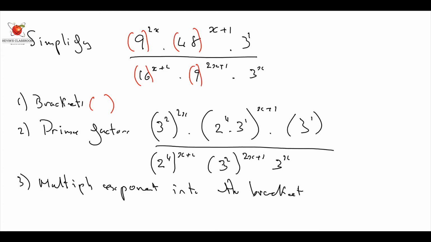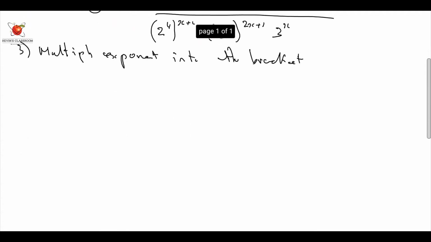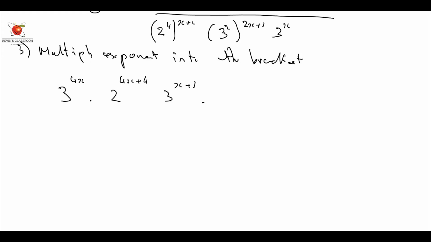I multiply the exponent into the bracket, which is then going to leave me with the following: 3 to the power of 4x multiplied by 2 to the power of 4x plus 4, 3 to the power of x plus 1 multiplied by 3 to the power of 1.